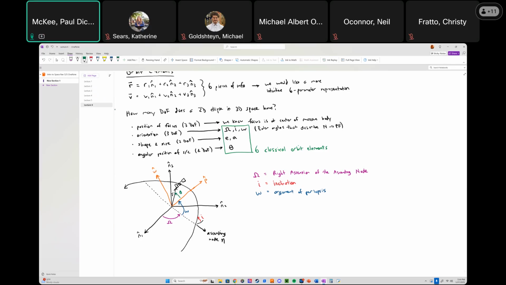So those are all the angles that are involved in describing the position of a spacecraft. But now hopefully we can see that these angles have some physical meaning. And actually, while I'm at it, this angle here between N3 and omega is also inclination. It's the same angle.